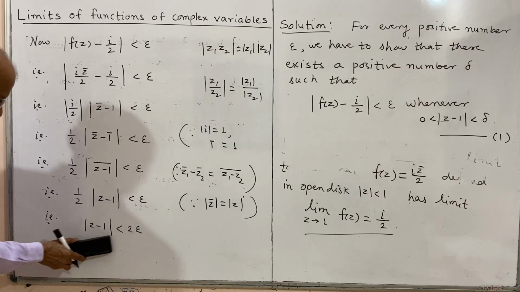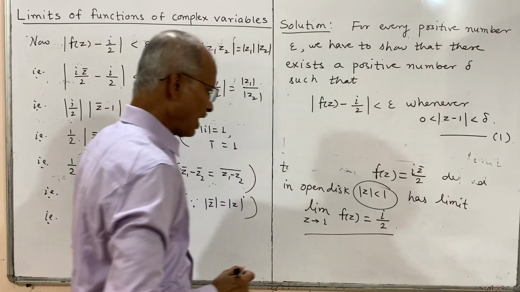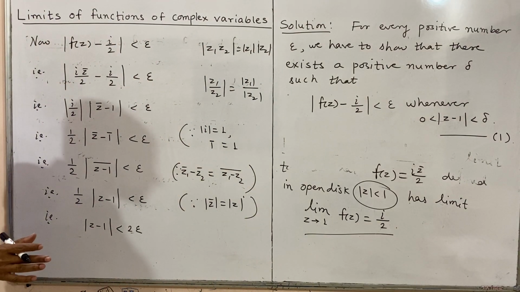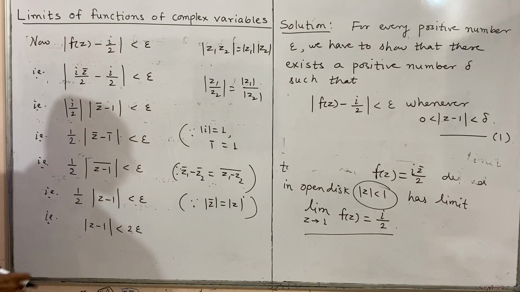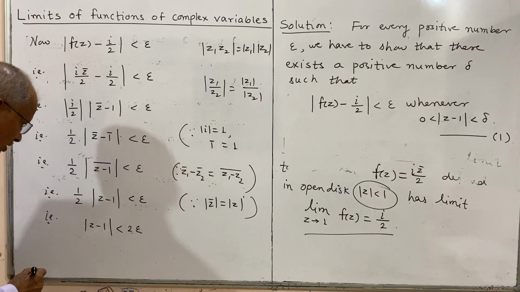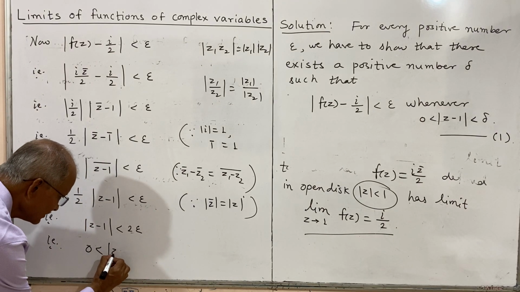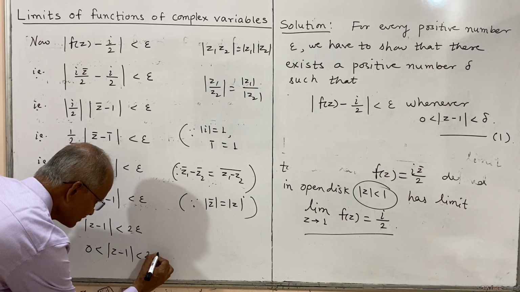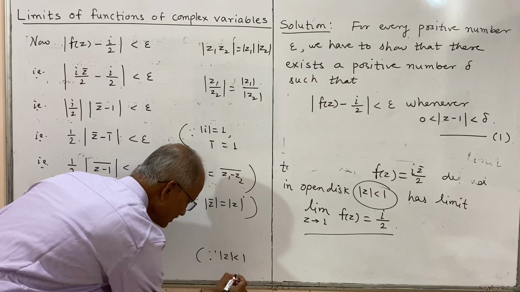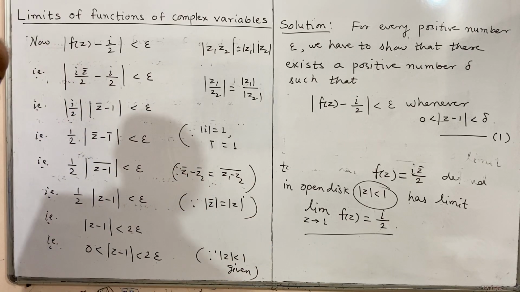And again, what is given is mod z is less than 1, and therefore z is not equal to 1. It is absolute value of z less than 1. z minus 1 will not be 0, and that means it is greater than 0, or 0 < |z − 1| < 2 epsilon, since we have mod z less than 1, as given in the problem.